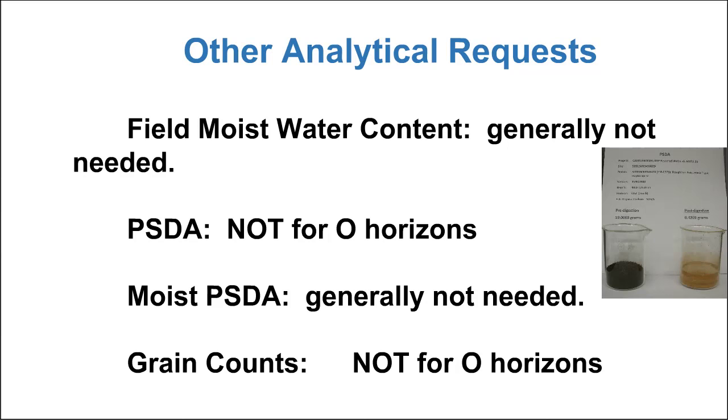We make an assumption that the 2 are the same, but we're working on moist sample, which is more difficult to get a uniform sample from than the dried ones. So the results are generally less precise, I think, than the standard dry one. If you don't need it, don't ask for it. It's a lot of trouble.